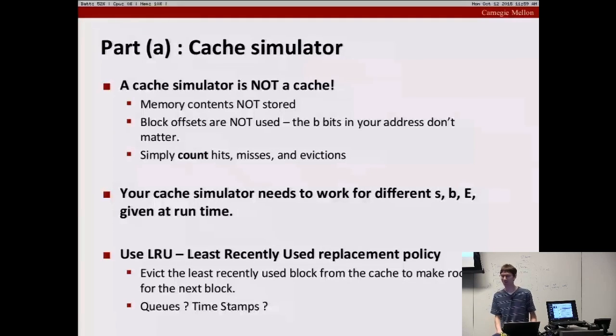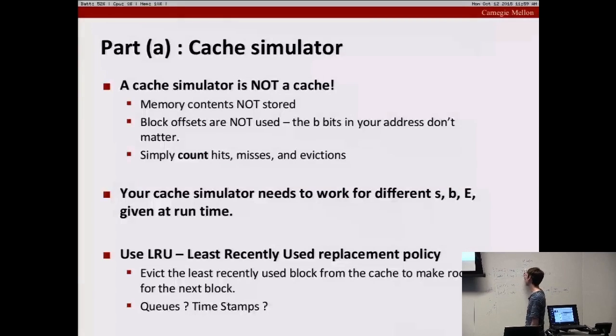It would never actually be a useful cache in the sense that the real cache is useful, because it's storing stuff in memory, which then has to go through the cache itself. So you're not actually writing the cache. You're just simulating its behavior. As was pointed out, because we're just simulating it, the block offset doesn't matter. The actual value in here doesn't matter.